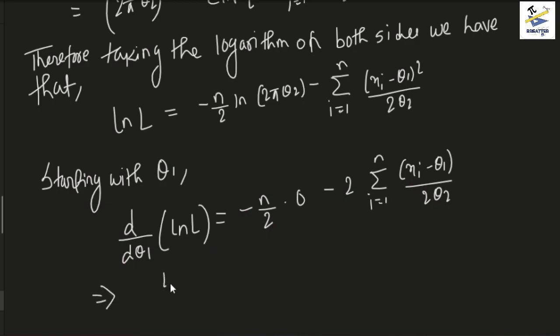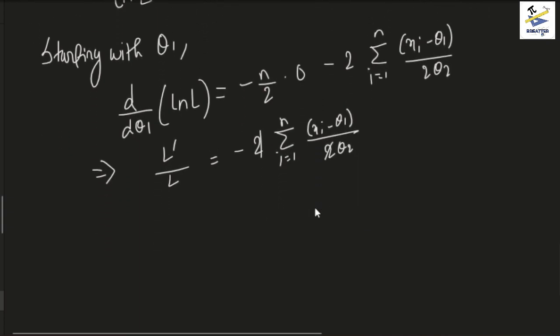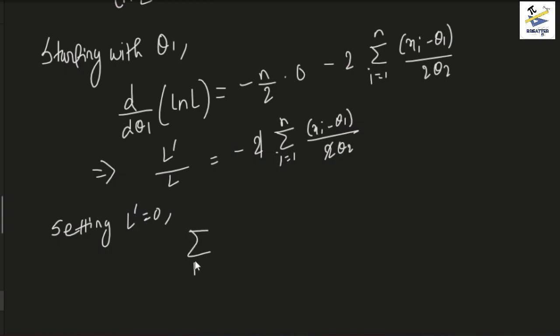Therefore this gives us L prime by L equals minus 2 times the sum from i equals 1 to n of xi minus theta 1, divided by 2 theta 2, right? And setting L prime equal to 0, we see that the summation from i equals 1 to n of xi minus theta 1 is equal to 0.